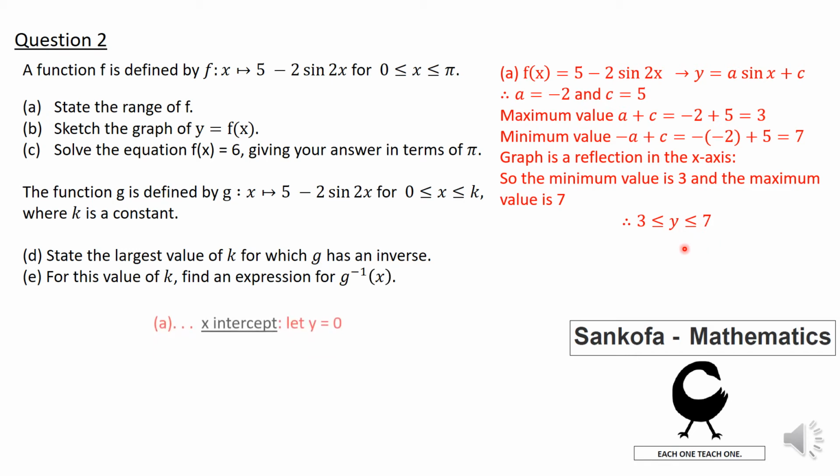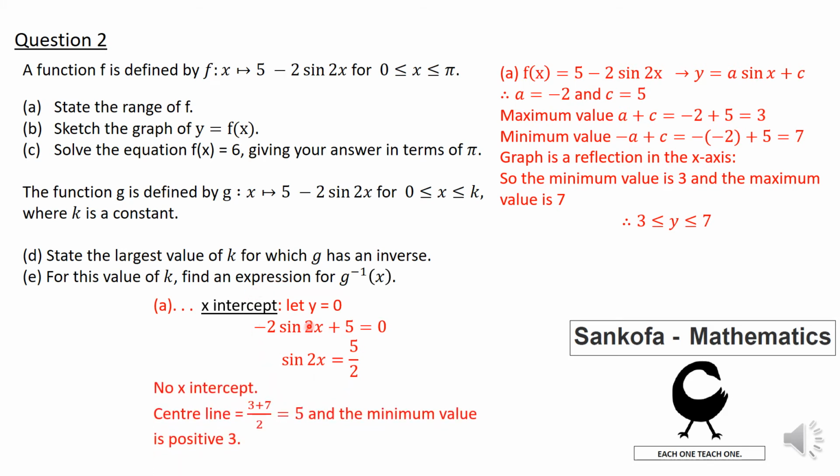Right, so before I sketch, I just want to bring in some other interesting stuff. Where would this graph, if I had to sketch it, cut the x-axis? They don't particularly say you must find the x-intercept, but I have calculated, only up to the point where you realize that there won't be an x-intercept.